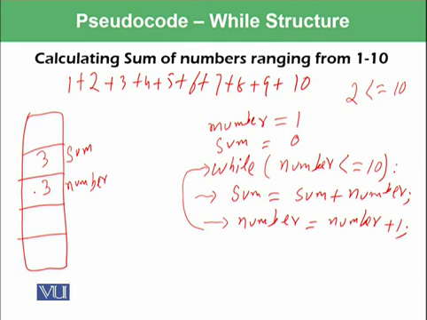So in all of the iterations, as long as number is less than or equal to 10, it is calculating the sum of the first 2 values and storing it, then adding the next value and storing it in sum. At the end, when this loop terminates, you can see that this while structure would have calculated the sum of all of the numbers between 1 and 10.